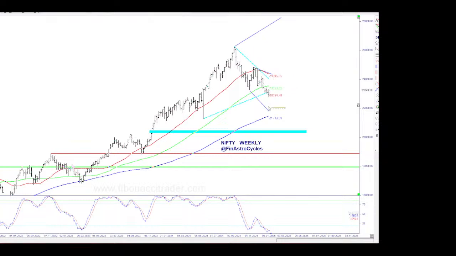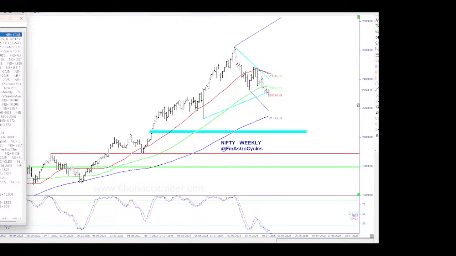That is important. But for me, Nifty must close above 24,553. So remember this, for a bigger cycle to turn, Nifty must close above 24,553. Otherwise, this market will continue to be in trouble.